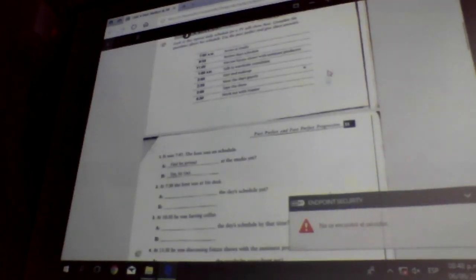So, sorry about this. It says, yes, he had. So we know he's a man, right, or a boy. Yes. Now at 7:30, the host was at his desk. Arrive at the studio, reviews daily schedule.